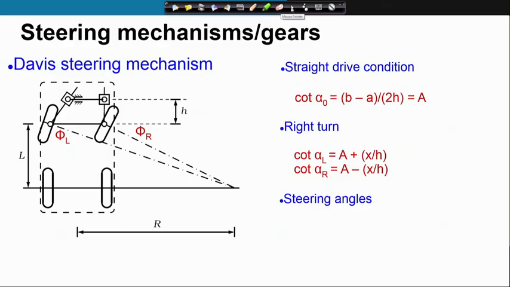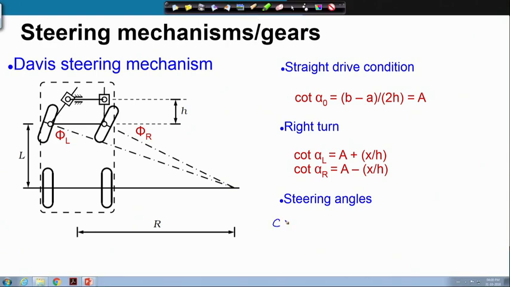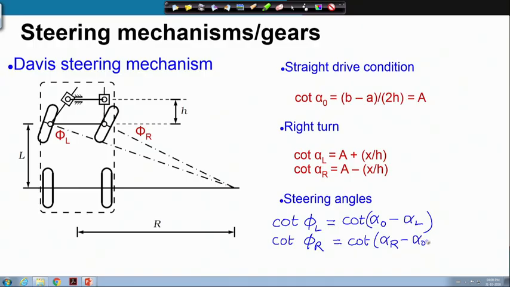You have to expand the cotangents. So, cotangent phi L will be cotangent of alpha naught minus alpha L, and similarly cotangent of phi R will be cotangent of alpha R minus alpha naught.